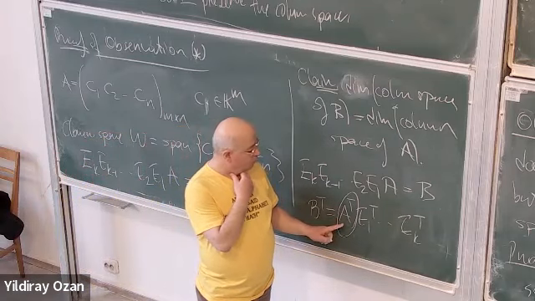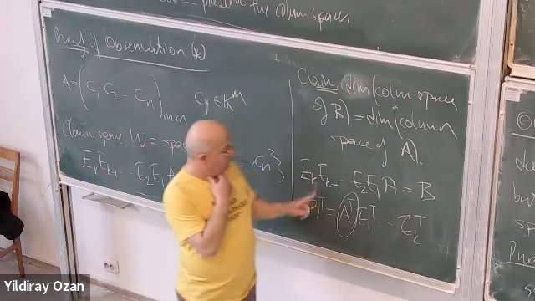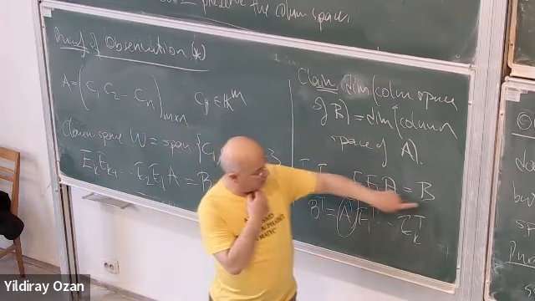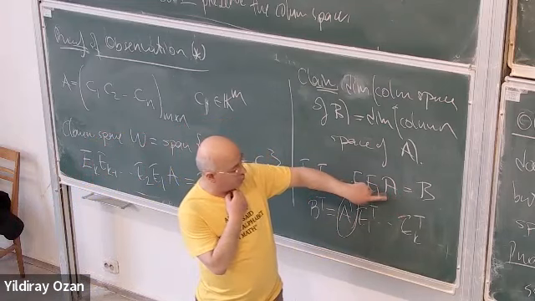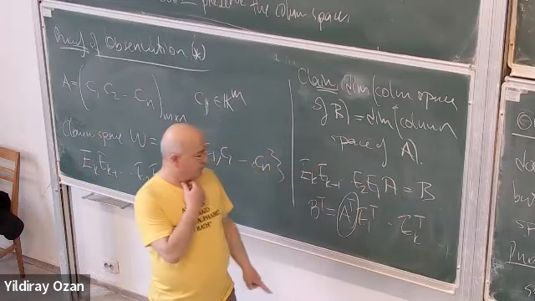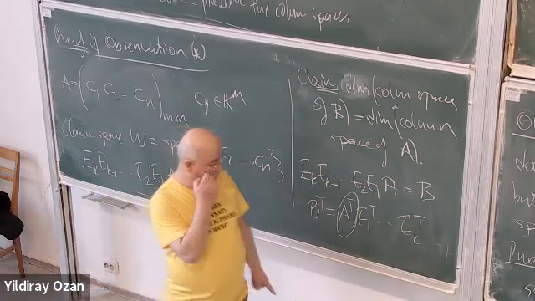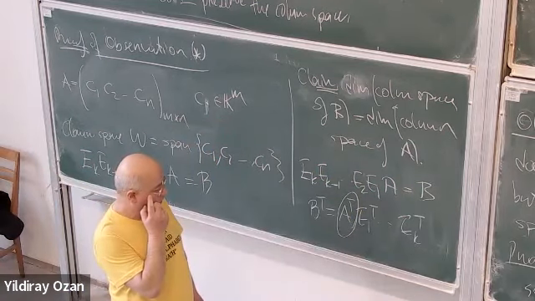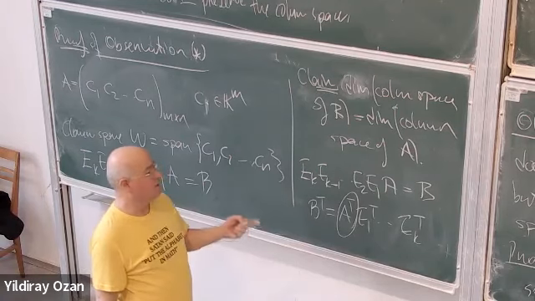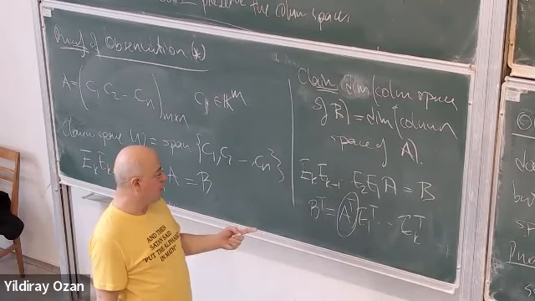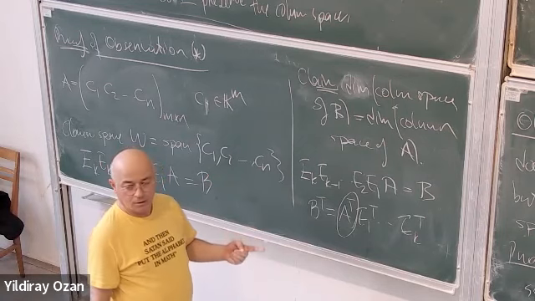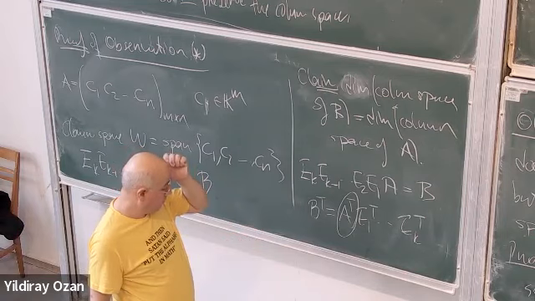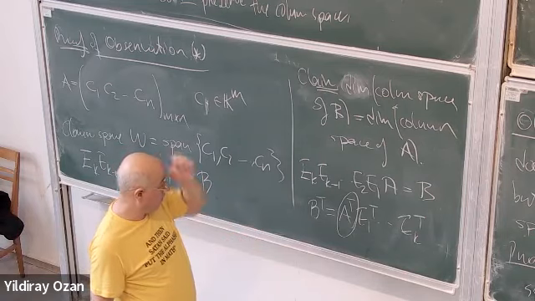Çünkü ben A'yla B'nin column space'lerinin dimension'larının değişmemesini istiyorum. Column space'e row operation uygulamak bunu değiştirmiş, row space'leri değiştirmiş.